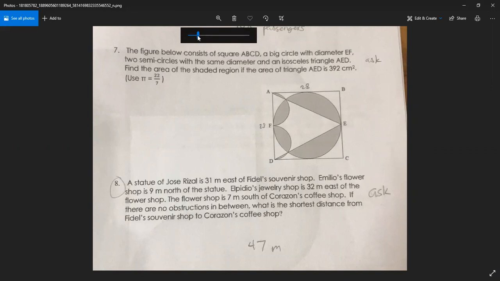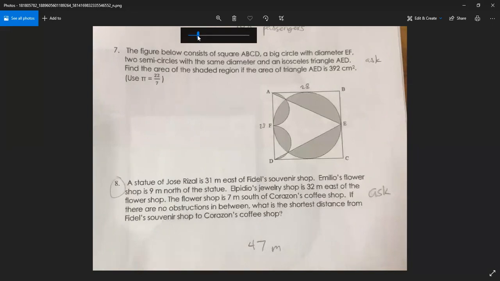But looking at it, following the situation here, we won't get the answer that is 65. Okay? As long as you know how to place the items, or you place the significant places, and then just simply apply the Pythagorean theorem.